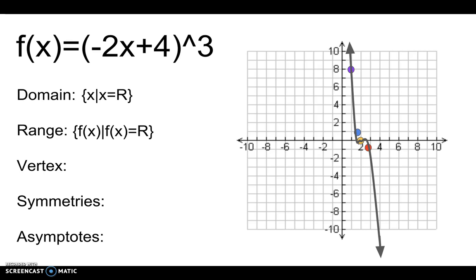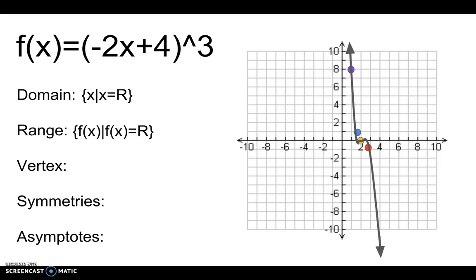Like I said in the previous slide, I always like to choose my vertex first for cubic functions because then that lets me know where I'm going and where my graph will start. We already know our vertex because that is in the middle of our curve of going up and down. When we plot our vertex, we're trying to get the chunk of the equation where x equals 0.